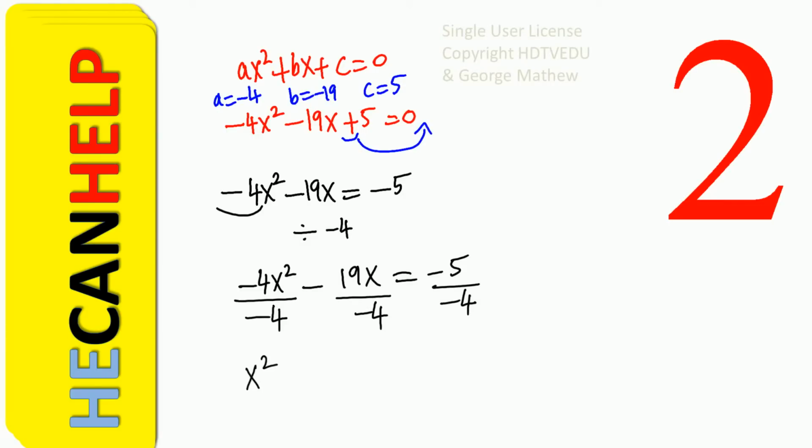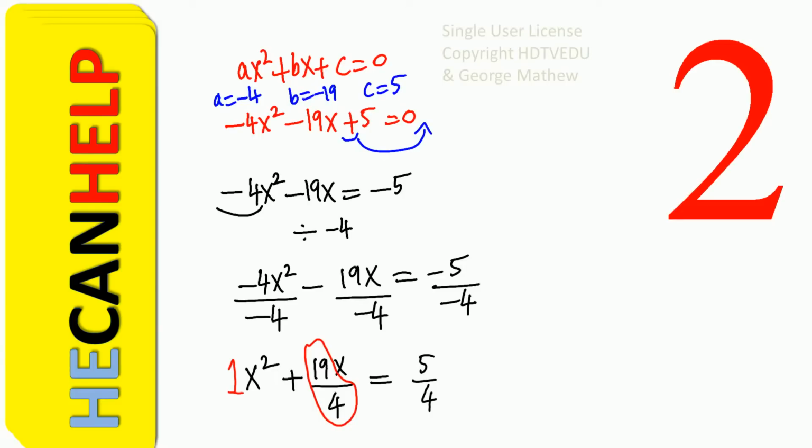x squared minus 19x divided by negative 4 is positive 19x over 4, and that is equal to negative 5 divided by negative 4, which is 5 over 4. What is the coefficient of x? 19 over 4. What is the coefficient of x to the power of 2? It is 1.